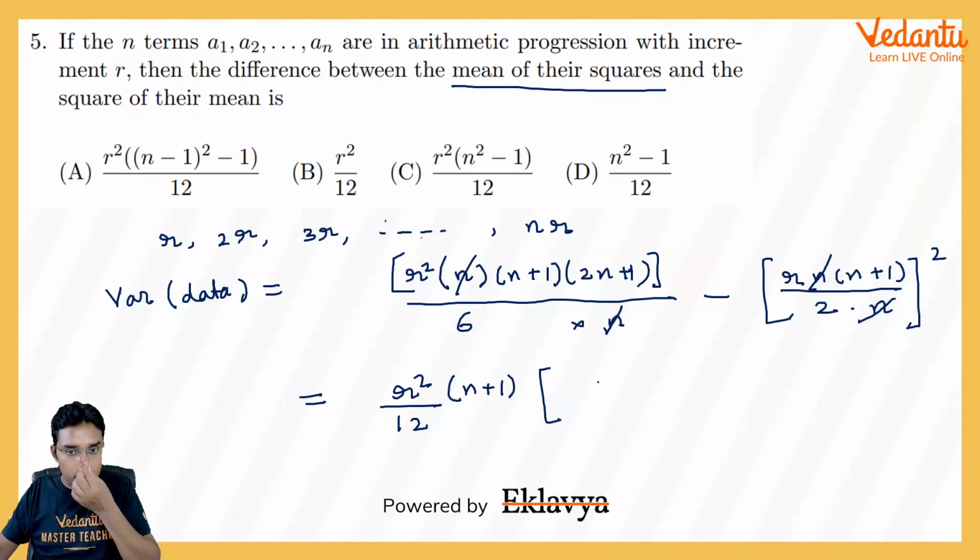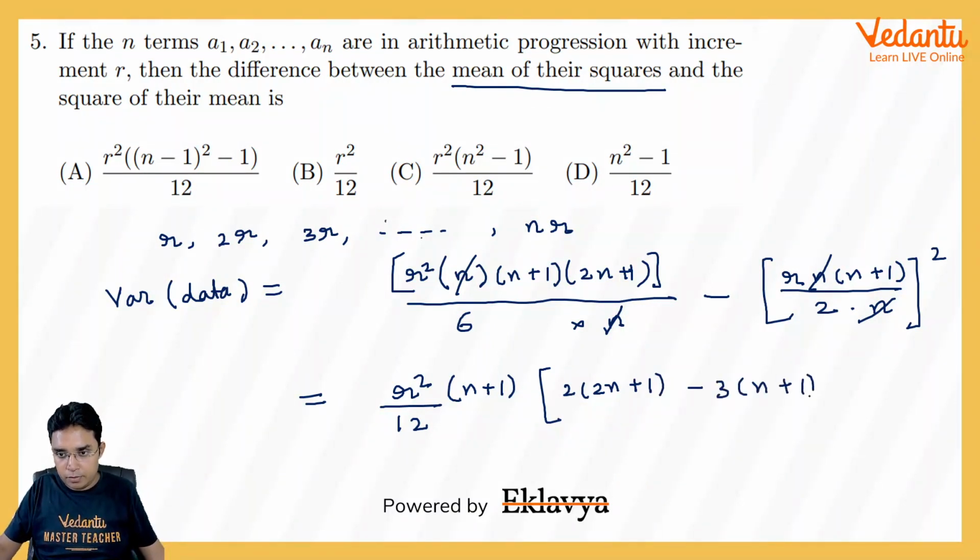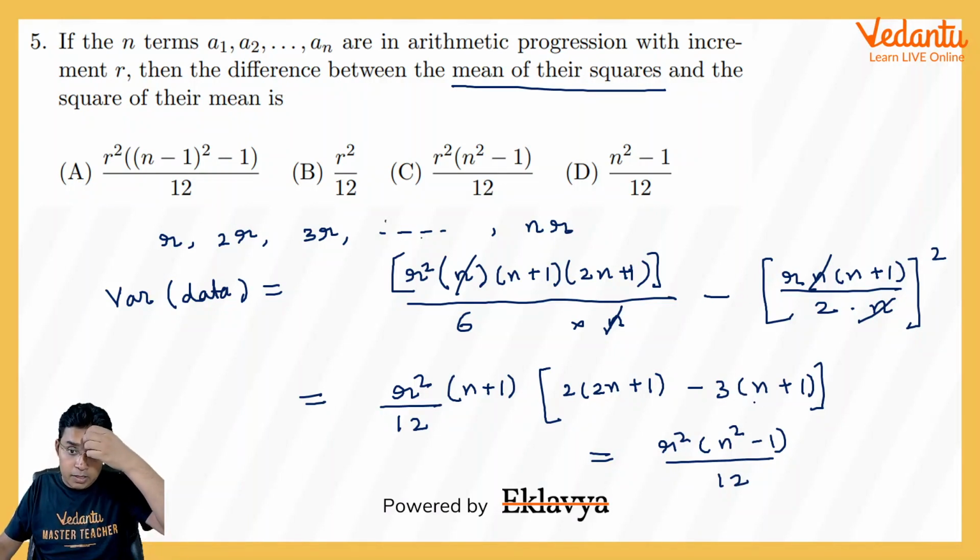Then what I'll be left with is 2 into 2n plus 1 minus 3 times n plus 1. So you will get R square into n square minus 1 upon 12. This is 4n minus 3n, n minus 1. So the answer will be C.